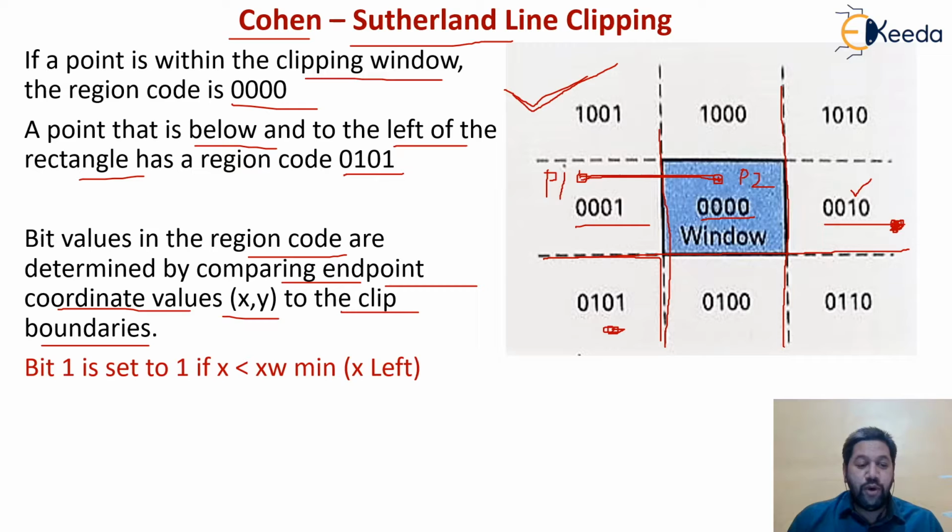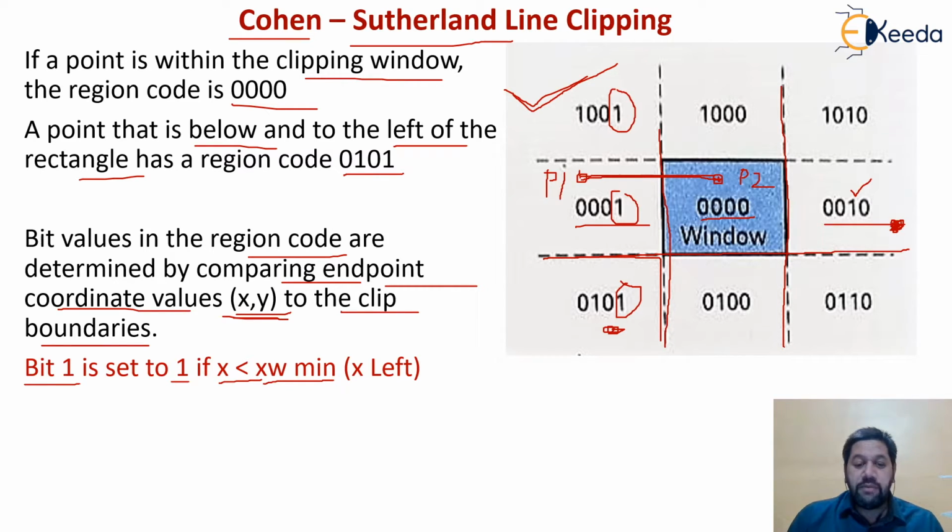I'm going to set bit number 1. See, this is my bit number 1. I'm again explaining this. Bit number 1 is set to 1 if the value of x, assuming the point is represented by x and y, is less than xw minimum.